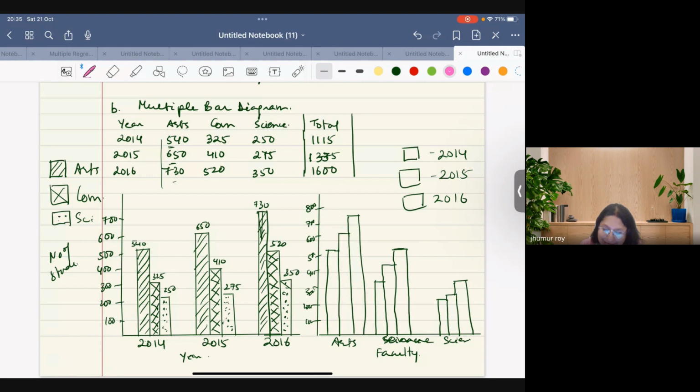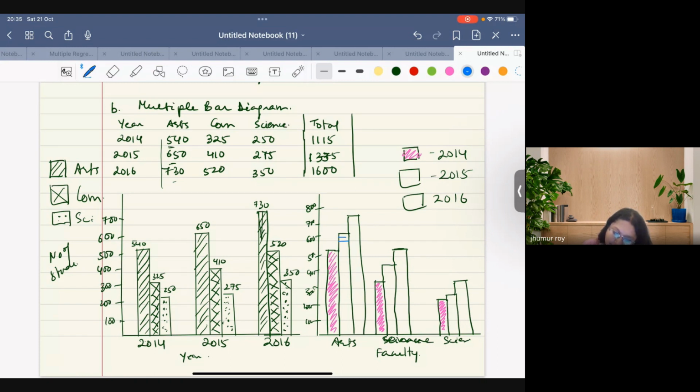Let me bring about a little bit of color here. So I say that this is the first one which I'm drawing, which is going to show me the year 2014. Then the second one I'm drawing is for the year 2015.